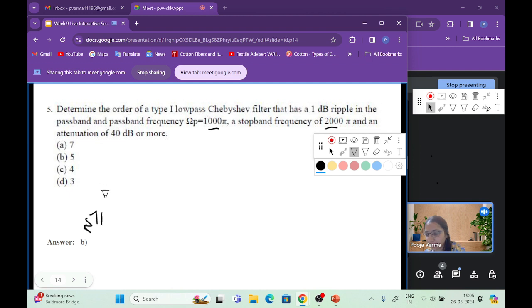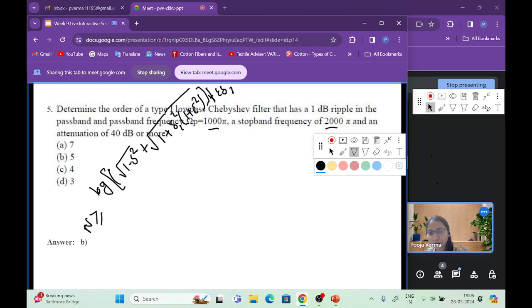That is, n must be greater than or equal to log in brackets root of 1 minus del 2 square, plus root of 1 plus del 2 whole square plus 1 plus epsilon square, close the bracket, divided by epsilon del 2.